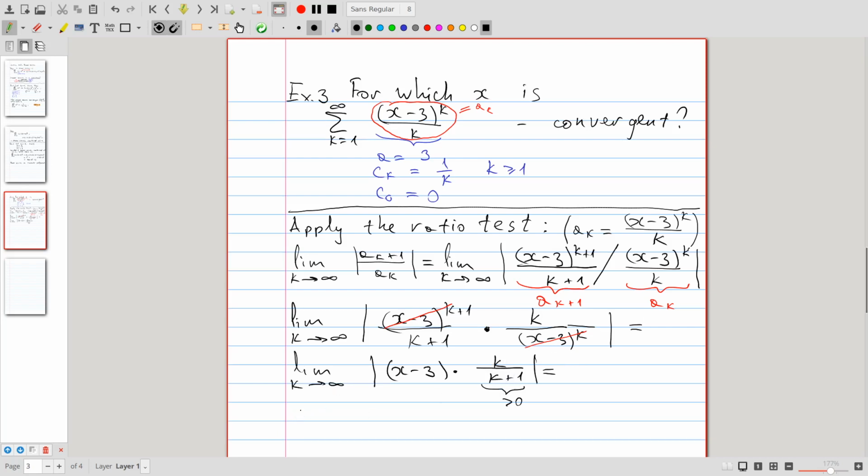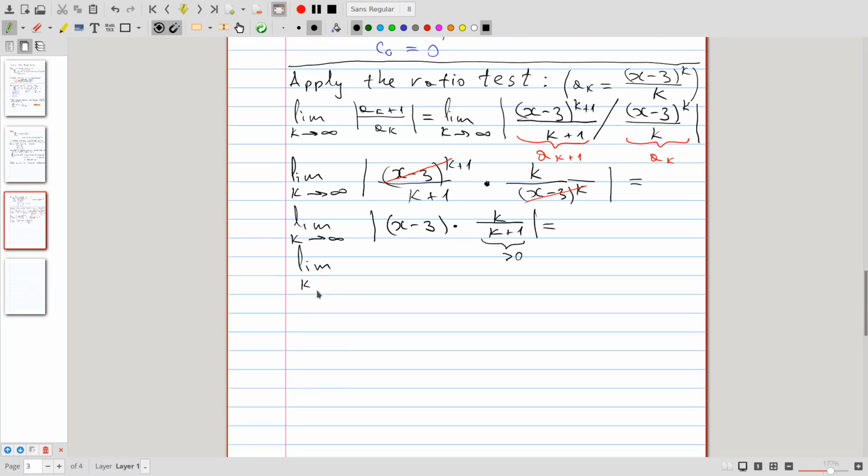So we'll have limit k goes to infinity, k over k plus 1 times absolute value of x minus 3. All we did was factor out this positive expression from the absolute value. Now what happens to this expression in the limit k goes to infinity? Well, the only thing that depends on k is right here.